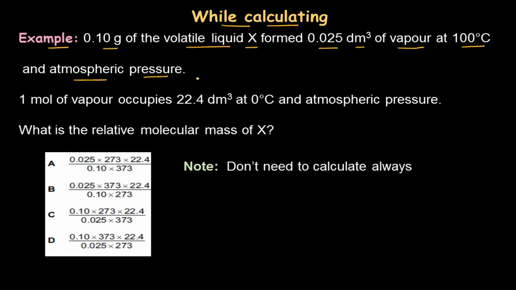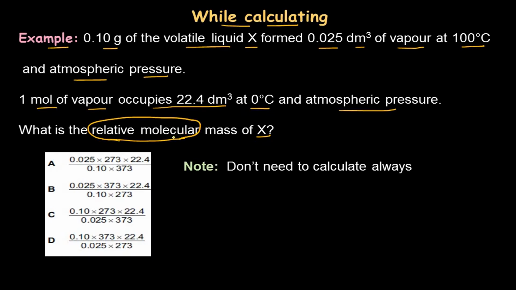So let's directly work out what you are supposed to find in the option. The question continues and says that 1 mole of vapor occupies 22.4 dm cube at 0 degrees and atmospheric pressure. What is the relative molecular mass of X?